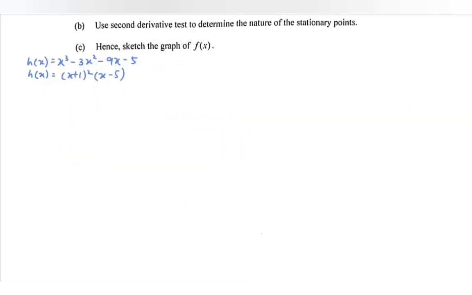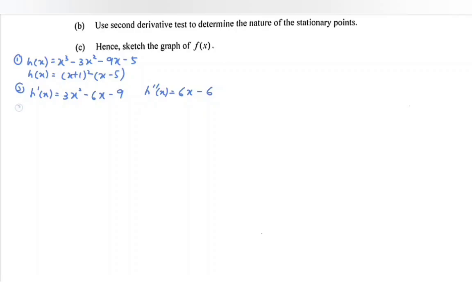Kindly refer to B. Use the second derivative test to determine the nature of the stationary point. So let's say here we have step number 1. Step number 2, find h prime x. So here we have 3x squared minus 6x minus 9. For the second derivative, we will have 6x minus 6.